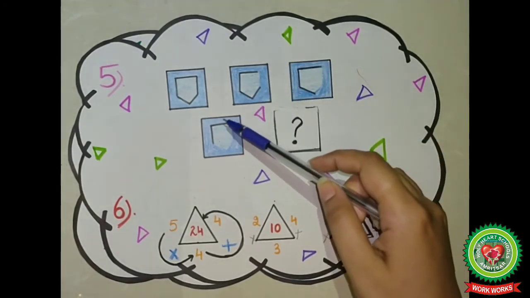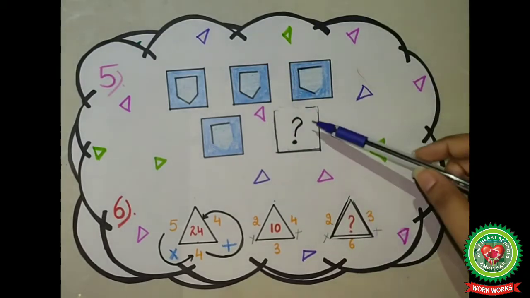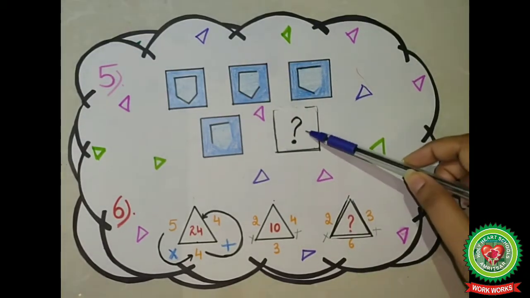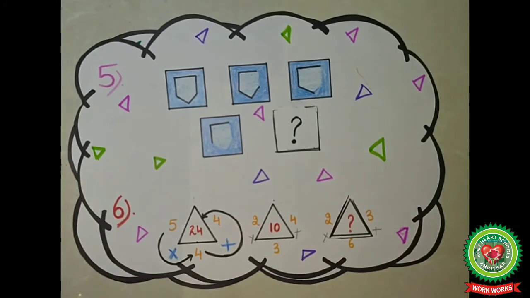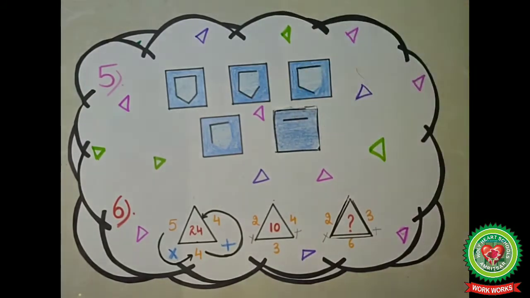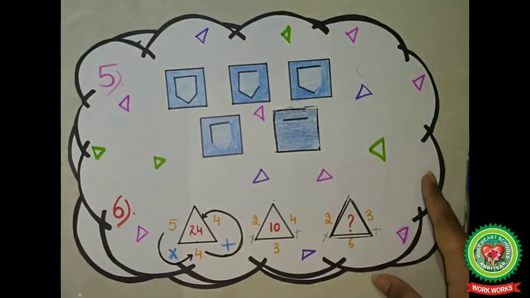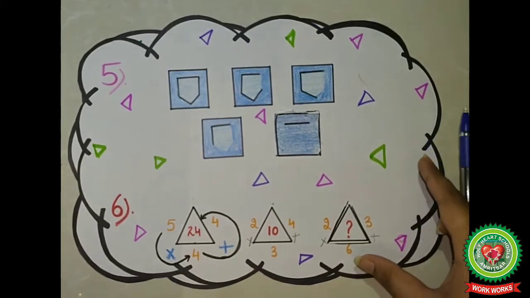In the next box, a 2-sided figure. Now students, you have to tell me what will be the answer. Now there will be a 1-sided figure. So students, this is the example of a reducing pattern. I hope you got it.